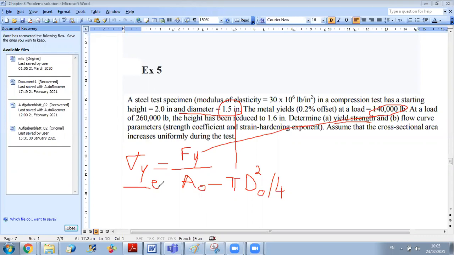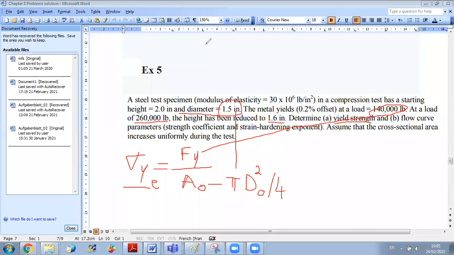But in question B, you know that to determine the flow curve parameters, you need 2 points. And in general, we take 2 points between yield and necking. Here, if you read the problem, you don't have information about 2 such points. You just have information about the yield point and one other point corresponding to a load of 260,000 lb, which leads to a height of 1.6 inch.